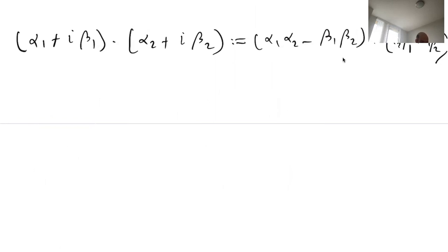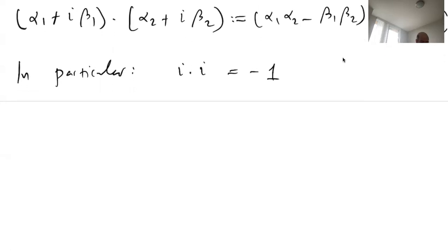And in particular, we can say that I times I is equal to minus 1. Because when you want to multiply I with I, that means alpha 1 is 0, beta 1 is 1.